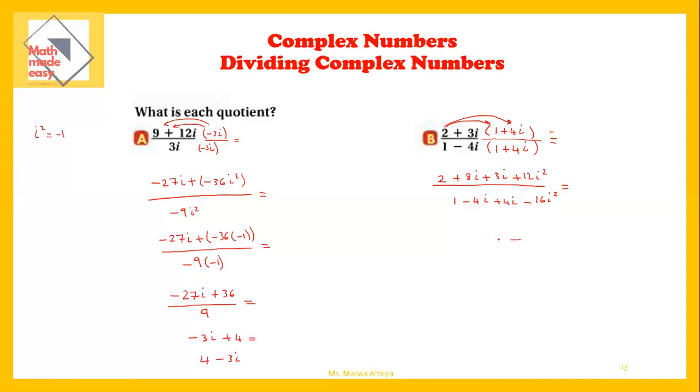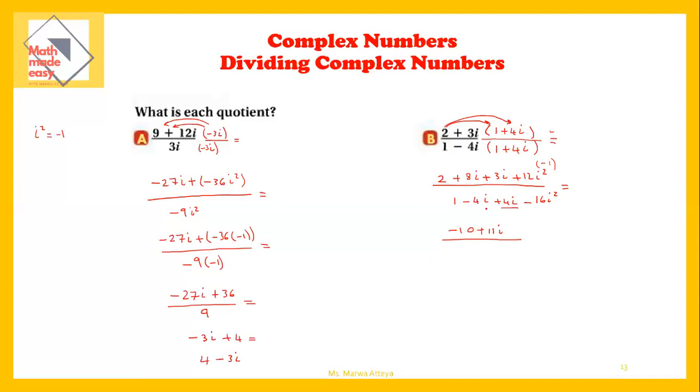Now let's combine like terms. In the numerator, I have 8i and 3i, which is 11i. And we have 2 plus, we know that i squared is going to be negative 1, so positive 2 plus negative 12, it's going to be negative 10.